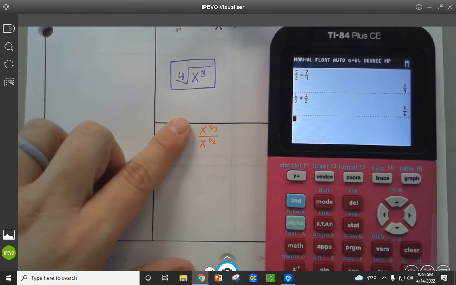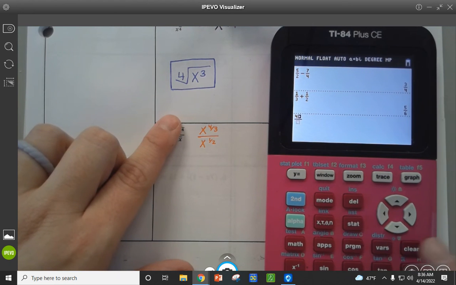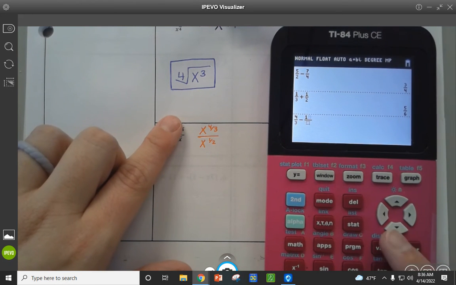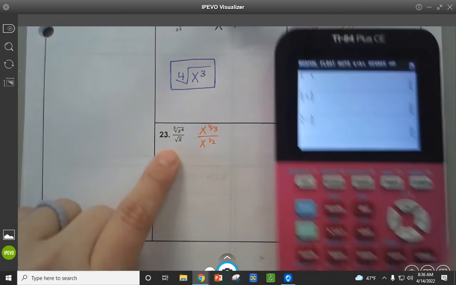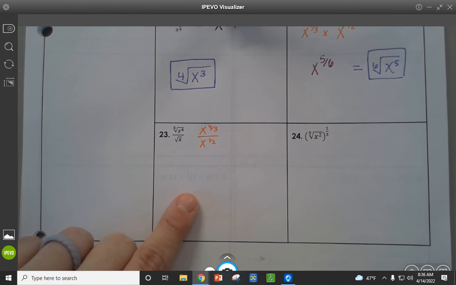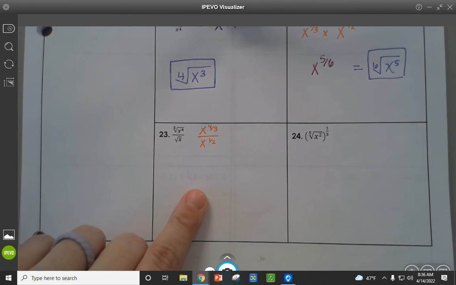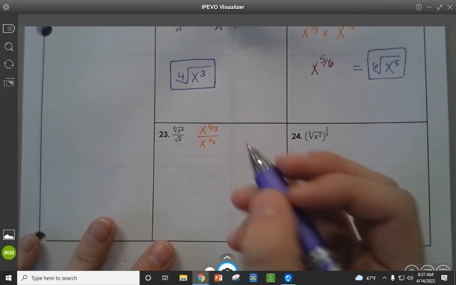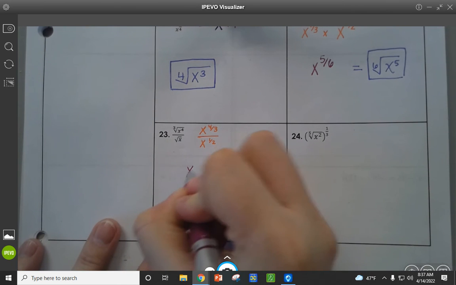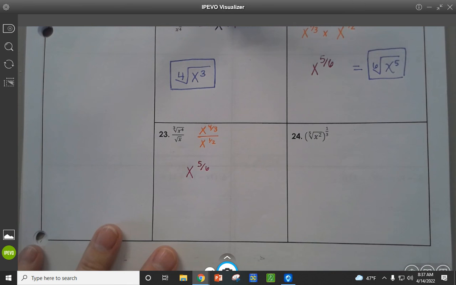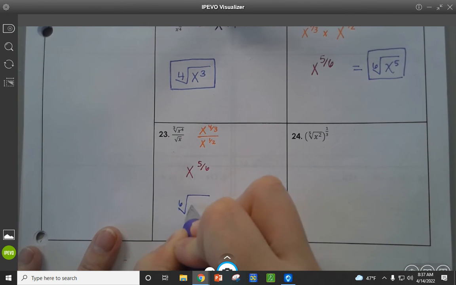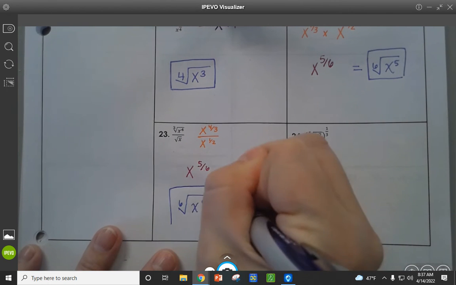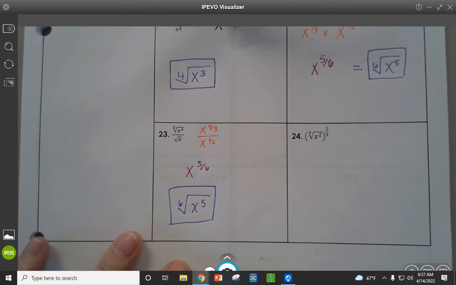And when we're dividing variables, you subtract the exponents. And we get x to the 5/6 power again. Which again cannot be simplified.